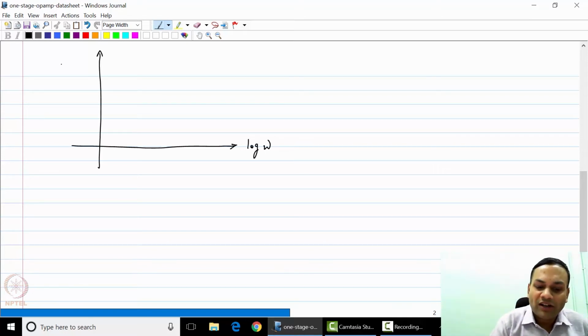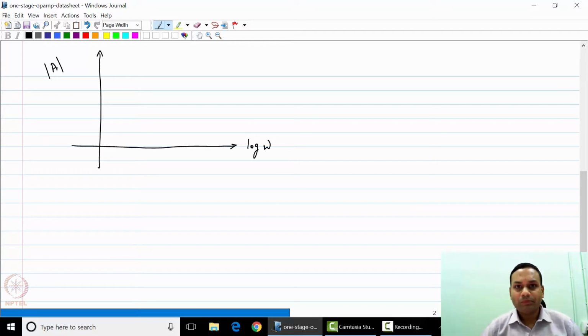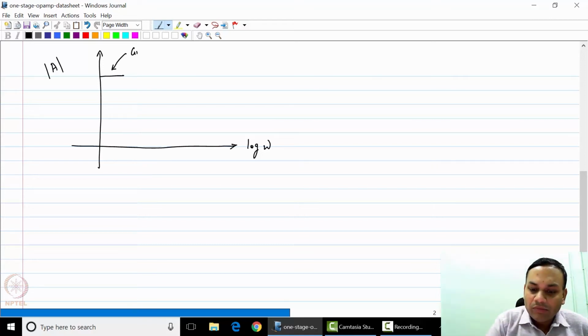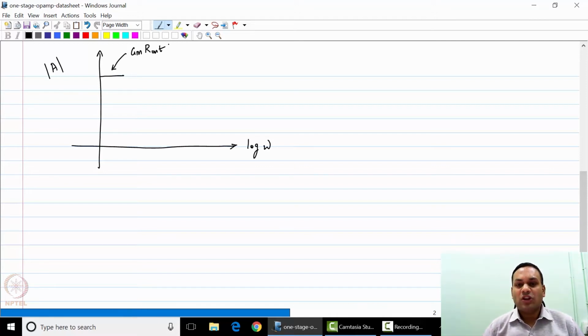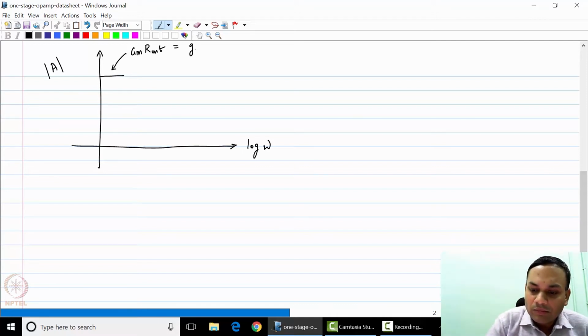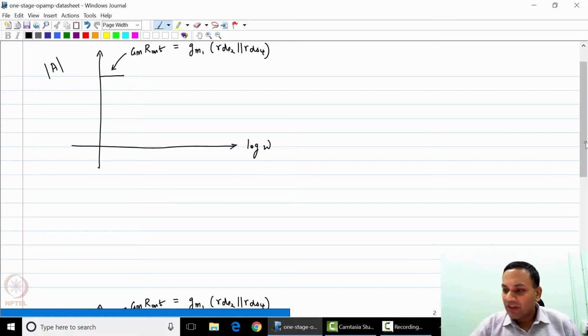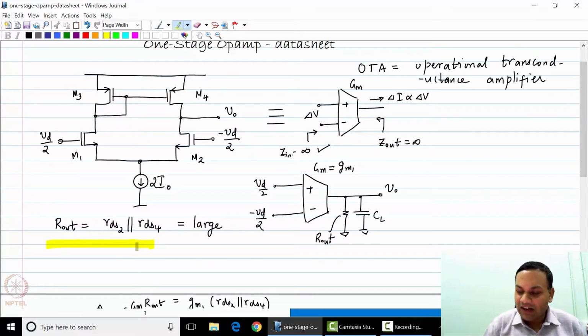At very low frequencies, the gain of the op-amp is clearly Gm times R out, which is Gm1 into RDS2 parallel RDS4, because R out is RDS2 parallel RDS4 and Gm is equal to Gm1.